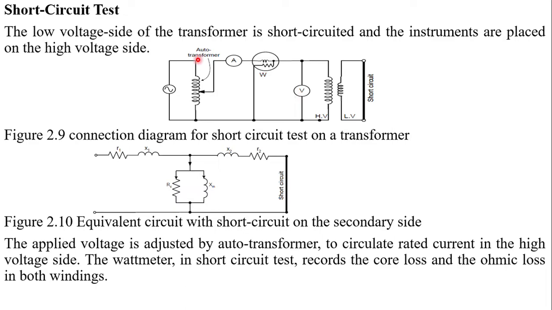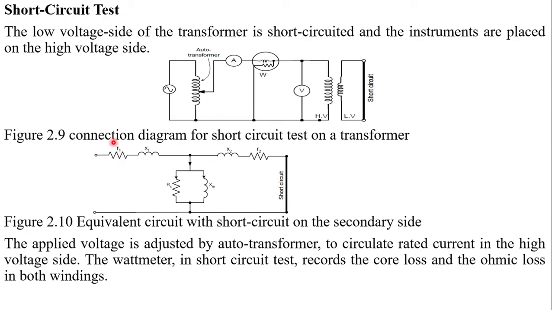In the short circuit test we adjust the auto transformer to its rated current, while in the open circuit test we adjust the voltage to its rated voltage. Here is a simplified diagram of the short circuit when the secondary or low voltage side is short circuited.